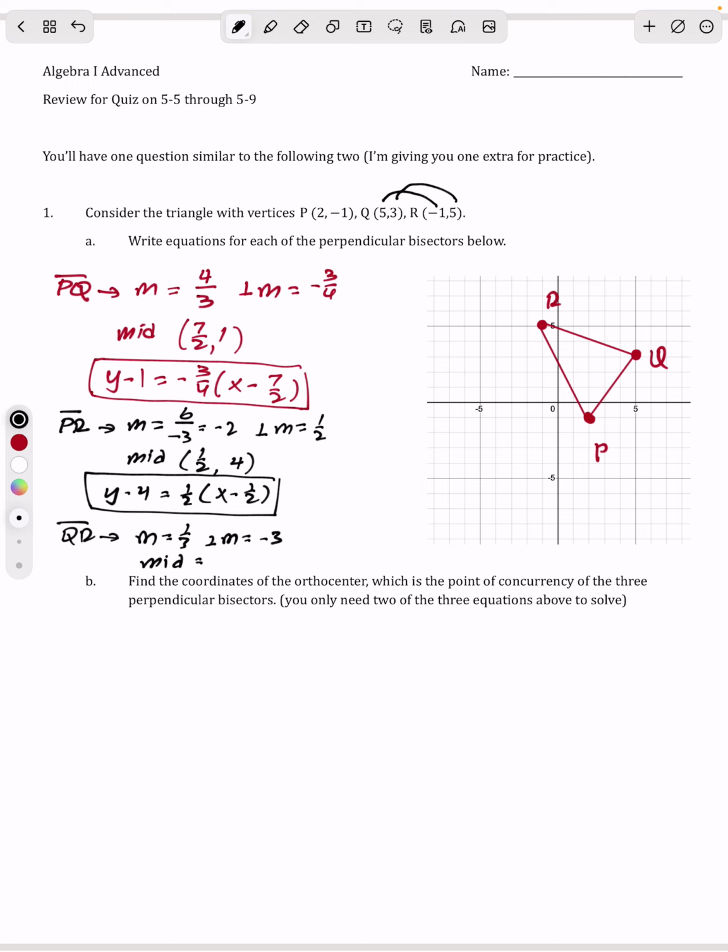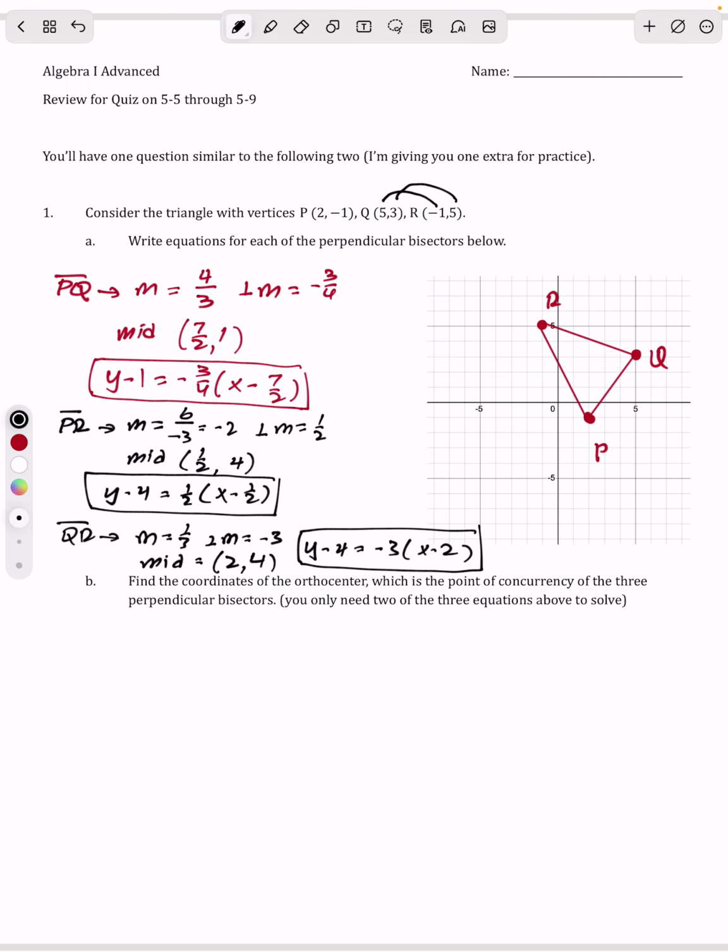For QR, average x is 5 plus negative 1 is 4, 4 over 2 is 2. 3 plus 5 is 8, 8 over 2 is 4. So I need the line with the slope of negative 3 and containing 2, 4. That's actually nice. That is y minus 4 equals negative 3 times x minus 2. Those are my 3 perpendicular bisectors.